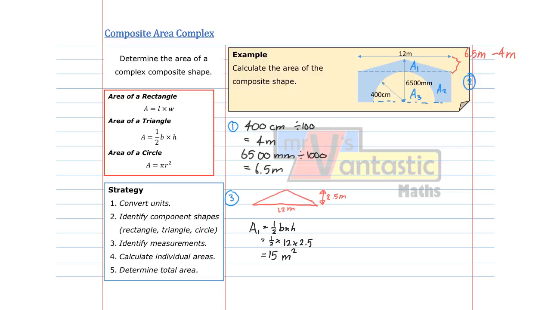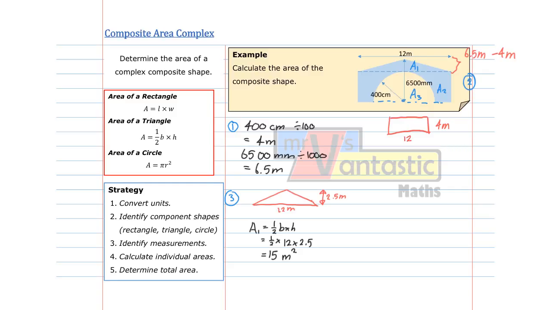All right, now we're going to do the same for the next area. Let's make that our rectangle. So we're looking at our rectangle. Looking at a diagram, the height of this rectangle, or the width, whatever you want to call it, is the same as the radius of this circle, which was 4 meters. So I can write 4 meters. And the length of the rectangle is the same as the base of that triangle, which is 12 meters.